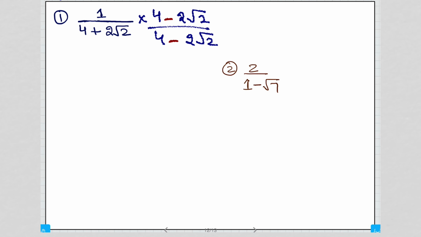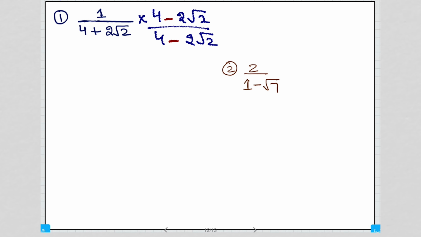We change this positive sign to a negative sign. So if it's a positive sign, we write a negative sign. Plus becomes minus, minus becomes plus. The rest of the things are the same.